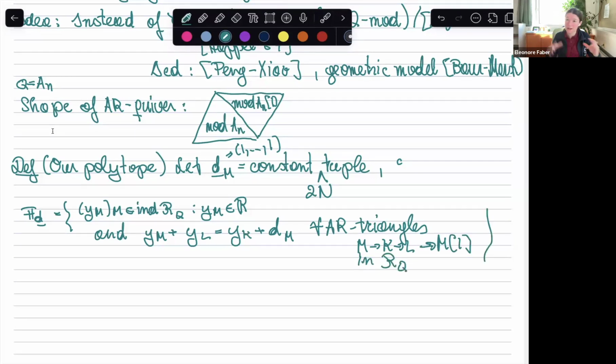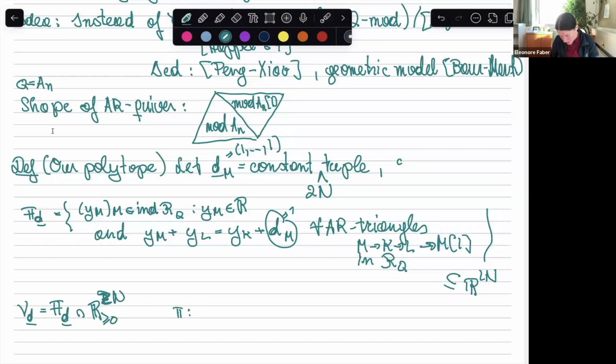We want this satisfied for all of them, where d_m is always 1 for all the modules in the category. This lives in R^2n. Then again we can define the intersection with the positive orthant: V_D is F_D intersected with R^2n greater or equal to 0, so all the non-negative solutions.